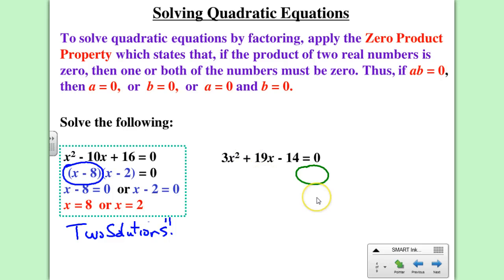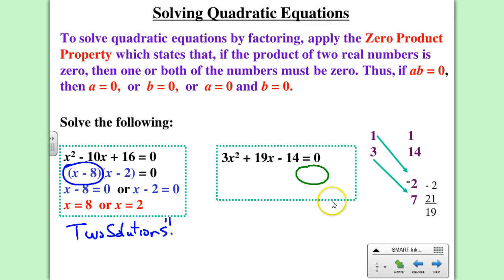Review of 3.1. Okay. So now you factored it, you come back. I'm assuming you can factor because you did it. We could use guess and check, whatever method you want, decomposition, but the factors for this are 3x minus 2 times x plus 7, and it equals 0. How can that happen? Only if 3x minus 2 was 0 or if x plus 7 was 0.